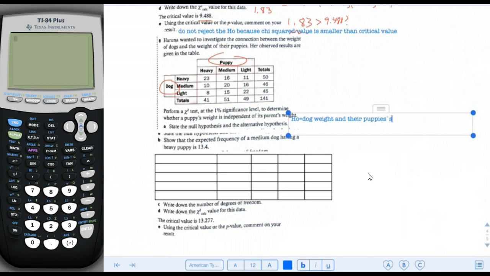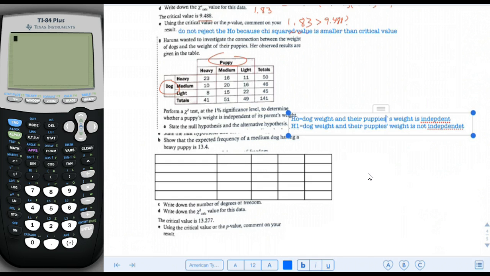And then the alternative hypothesis would be the opposite: dog weight and their puppy's weight is not independent. Okay, as usual, I mistyped independent, but you understand.